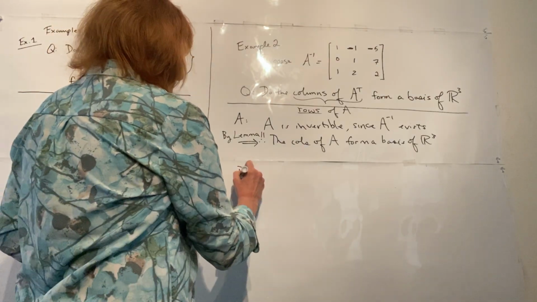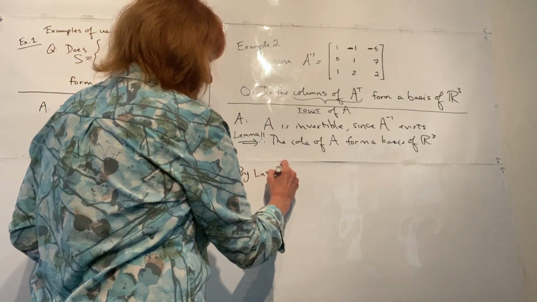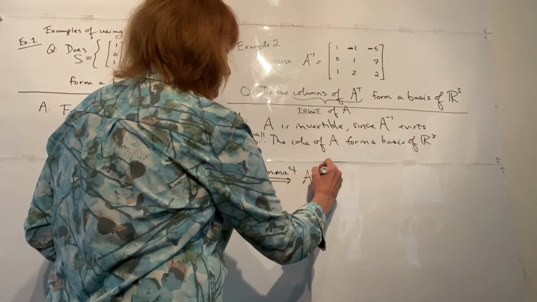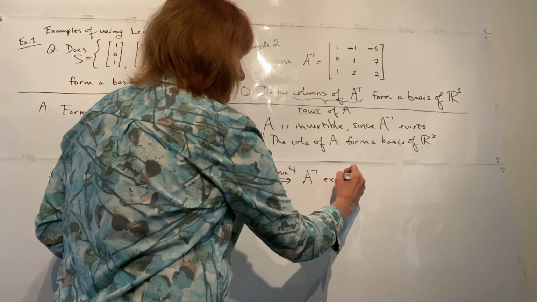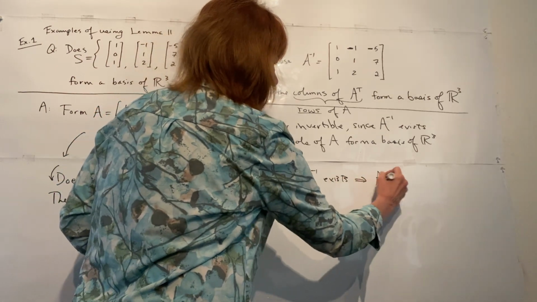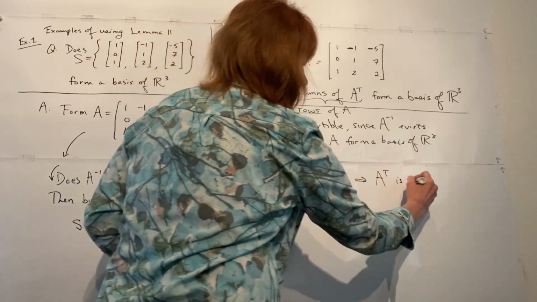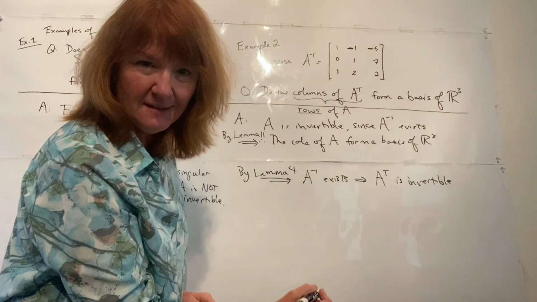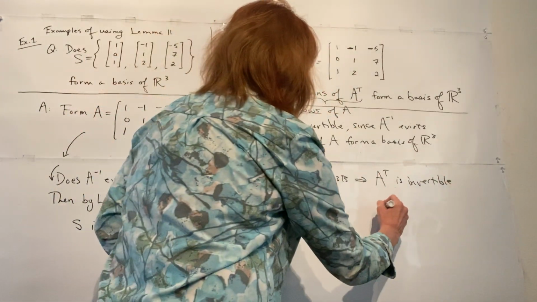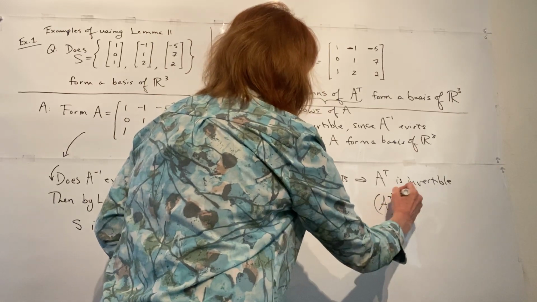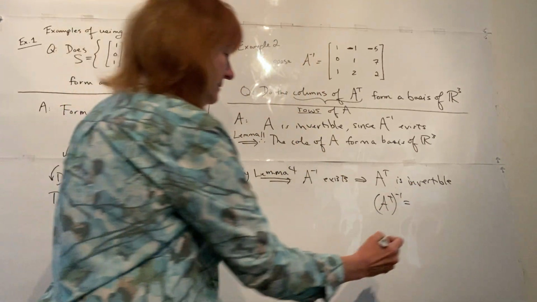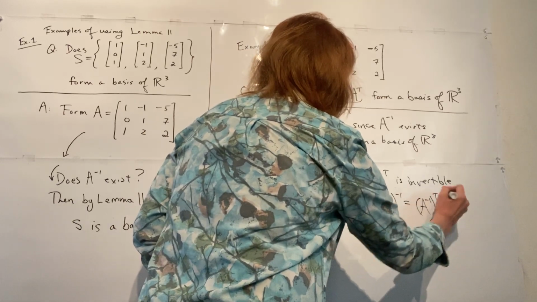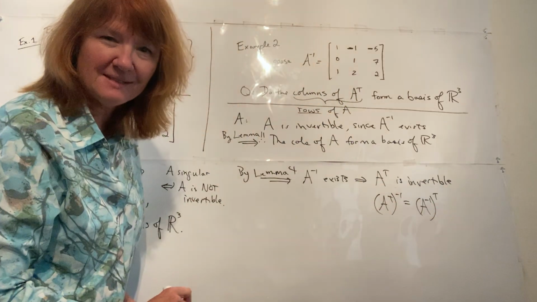But by Lemma 4 that you've had, A invertible implies A transpose is invertible. Do you remember what its inverse is? A transpose inverse by that lemma was equal to A inverse transpose. Remember, you could just switch those operations. Kind of nice.